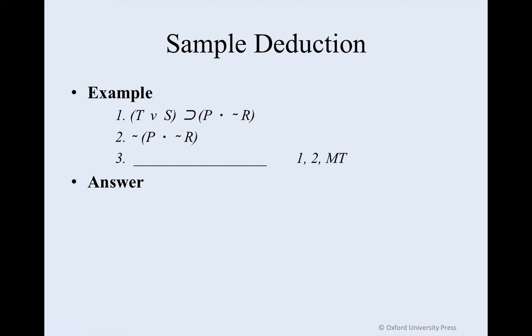Notice that the nested tilde, the one that's in front of R, only covers R, while dot covers P and not R. You should, at this point, when you look at line 3, be thinking about how rejecting the consequent of a conditional claim yields a rejection of the antecedent.